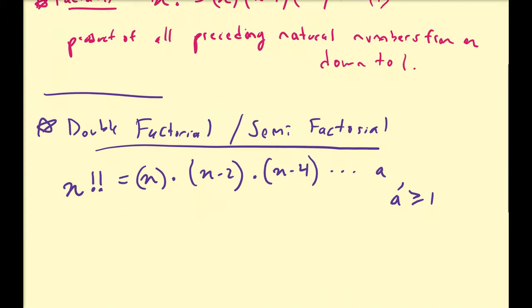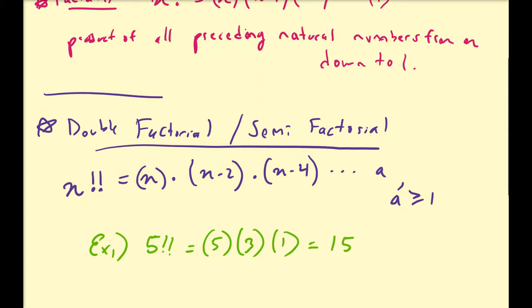So let's do a couple examples to see how this goes. Suppose we want to know what 5 double factorial is equal to. This is going to be the product of 5 and all its numbers less than it in steps of 2. Two numbers down from 5 is 3, and 2 numbers down from 3 is 1. So 5 double factorial is 5 times 3 times 1, which is equal to 15.